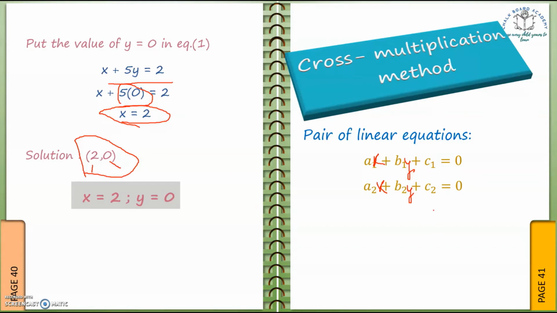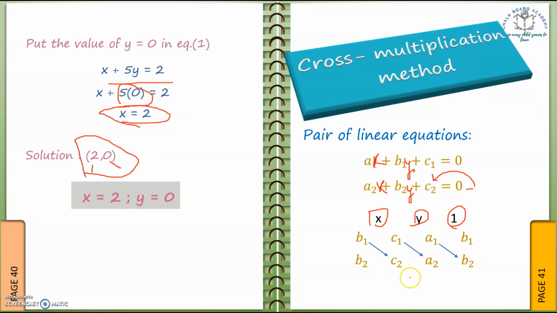Now for cross multiplication, we have placed them like this: here is x, then we have y, then we have 1. Remember, whenever in some equations c1 or c2 is on the right hand side of the equation, the first step is to put them on the left side, making it the generalized form of linear equation, that is, the right hand side should be 0.